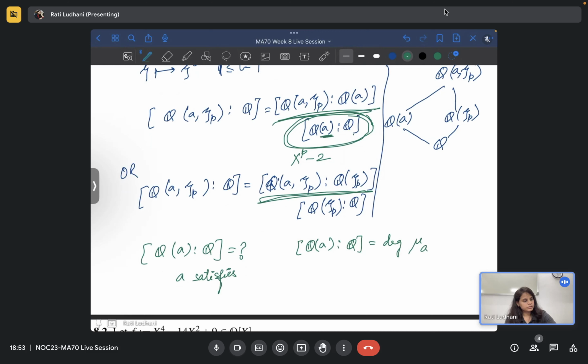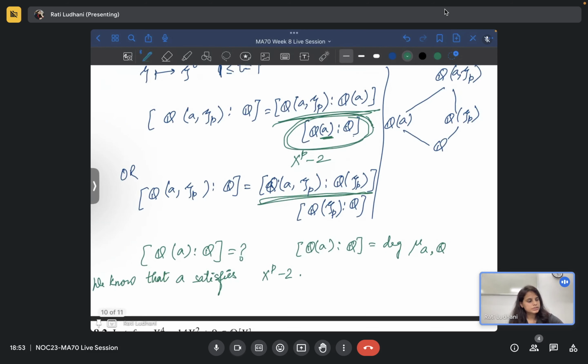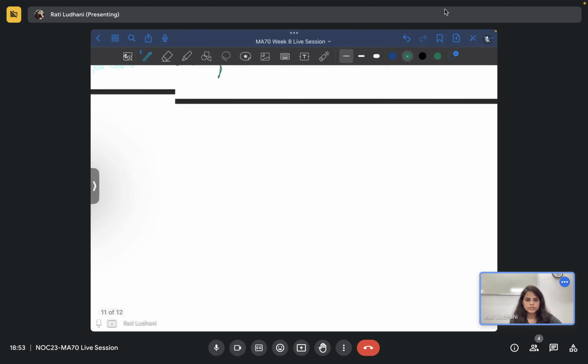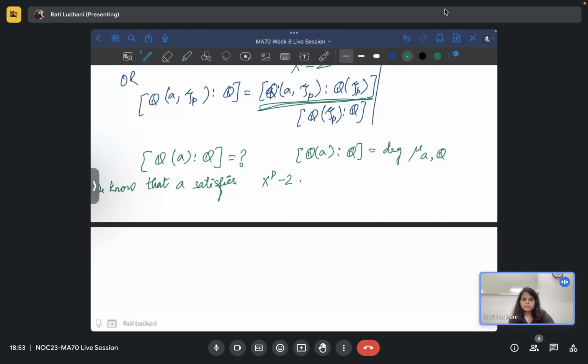We know that a satisfies x raised to power p minus 2, from the given condition that a raised to power p is equal to 2. Now we have to check that x raised to power p minus 2 is also the minimal polynomial.